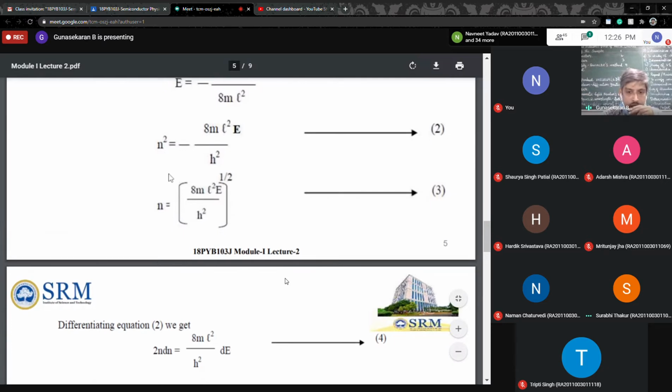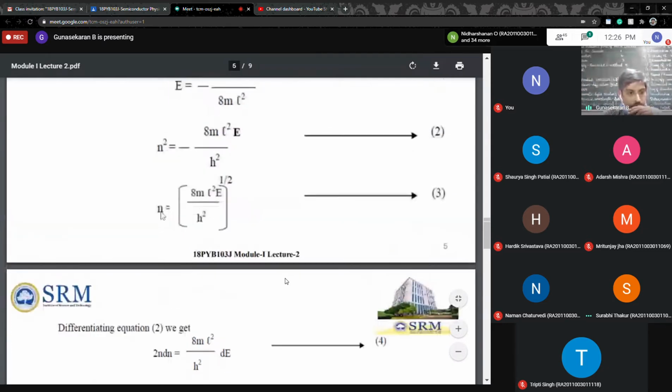So I take 2n dn. The left hand side is n power x, so x into n power x minus 1, like that. So 2n into dn. What about the right hand side? 8m l square by h square into dE, this is the only variable quantity. I put dE here. That's all.